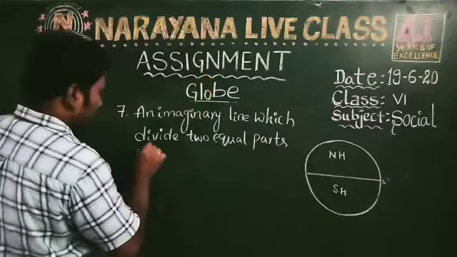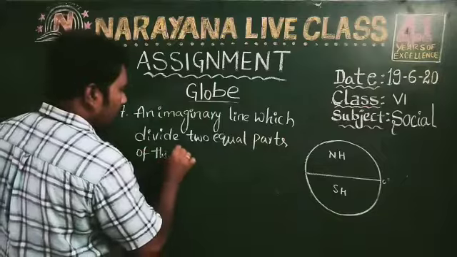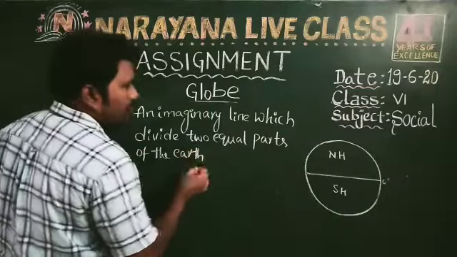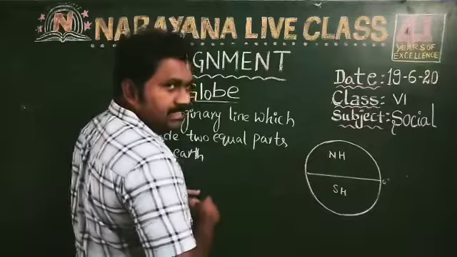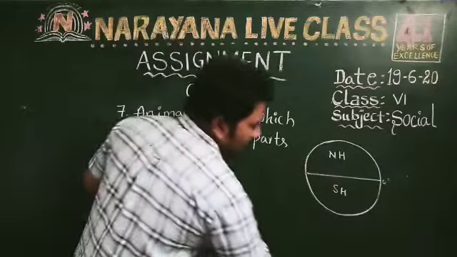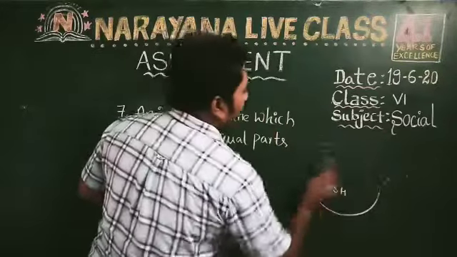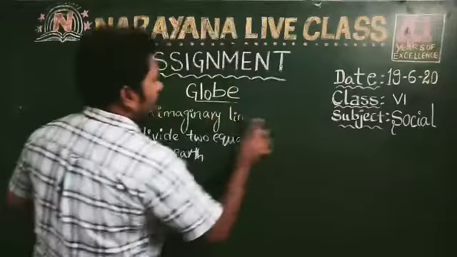So that means, children, the Earth is divided into two halves, the northern hemisphere and the southern hemisphere. So that is called the equator. Okay children, is this clear?